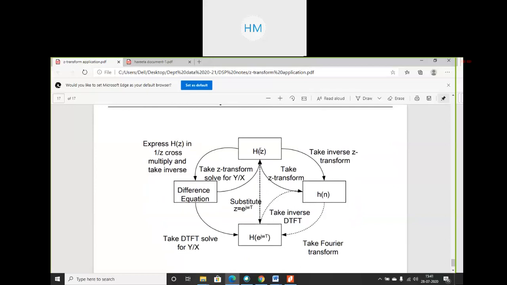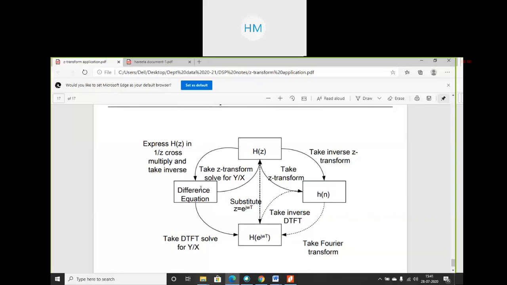If I have H of z, taking the inverse Z transform will lead to h of n. Is it clear? Taking the Fourier transform of h of n, you will get H of e to the power j omega t. Taking the Z transform, you will get H of z from h of n. So from h of n, I can get H of z or H of e to the power j omega t by applying different transform techniques.